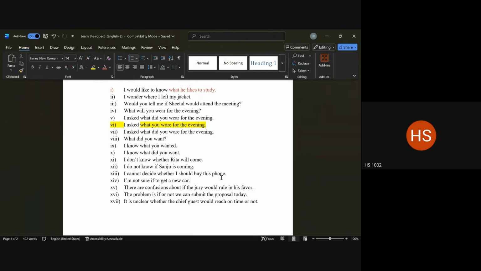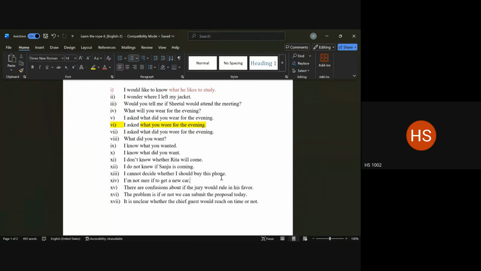So remember with if and whether clauses, if the conjunction whether or if is followed by an independent clause, a clause like this, Rita will come. Maybe I'm using the wrong terminology. If it is followed by a full sentence, like in sentence number 11, I don't know whether followed by Rita will come.